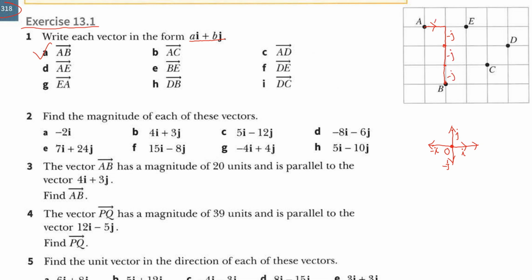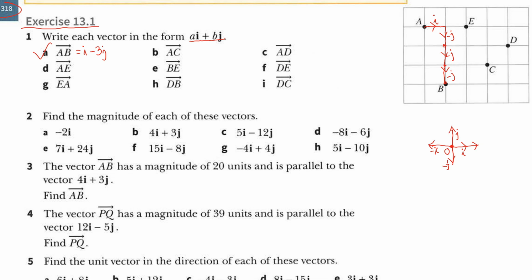And on the right side it is i. So we can write the vector in terms of i and j as i minus 3j, because it goes vertically downward.